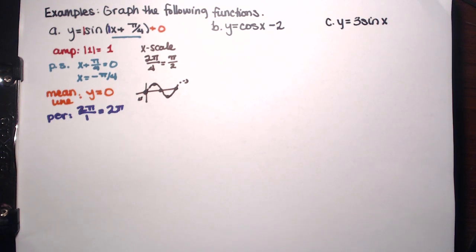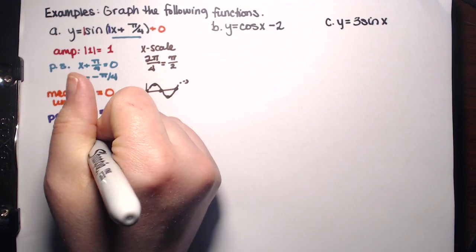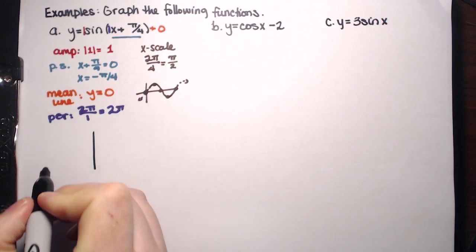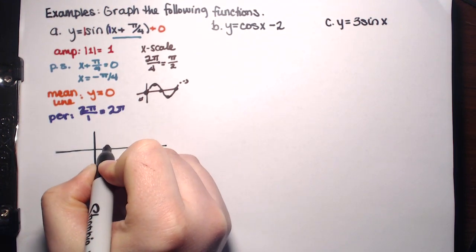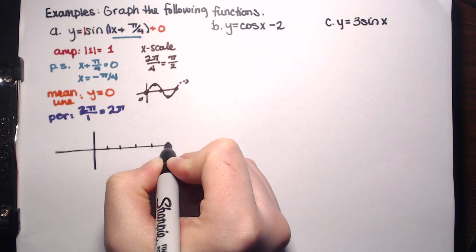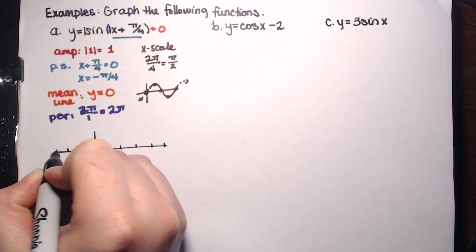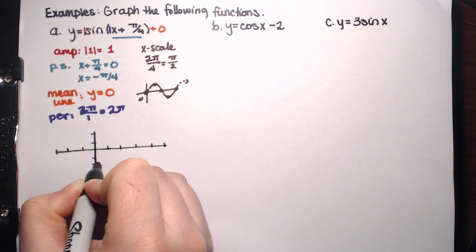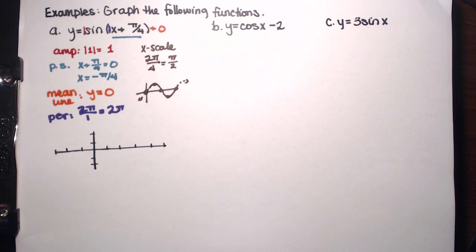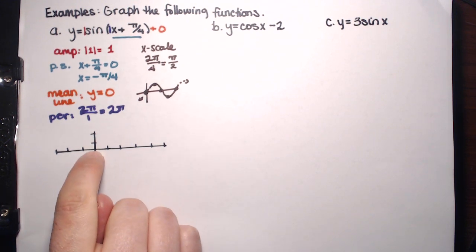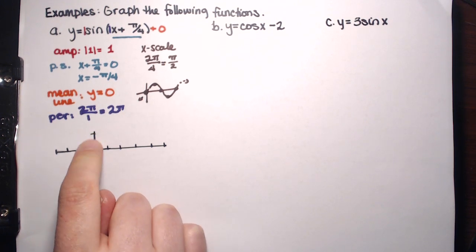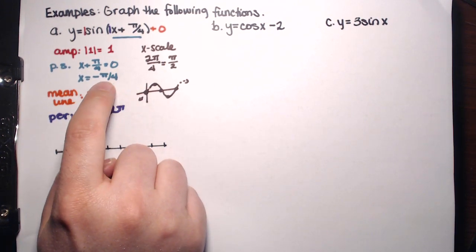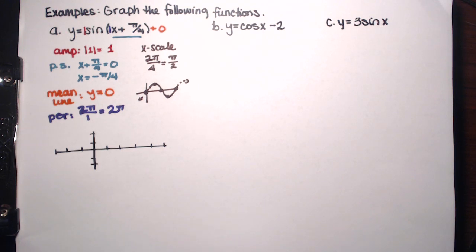So when I draw my actual graph, instead of starting at x is 0, we need to move back pi fourths.